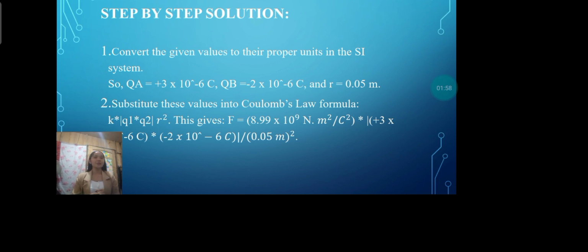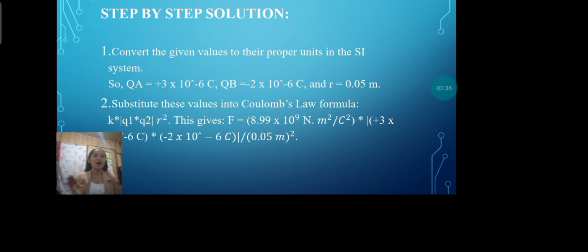First, convert the given values to their proper units in the SI system. QA is equal to positive 3 times 10 to the negative 6 C, and R is equal to 0.05 meter. The second step is to substitute these values into Coulomb's law formula. Our formula is F equals K times Q1 times Q2 over R squared.